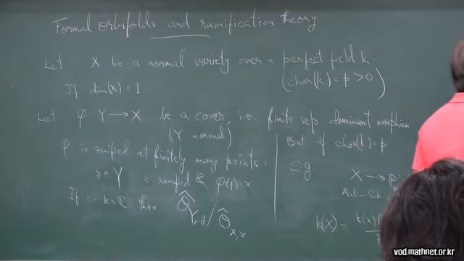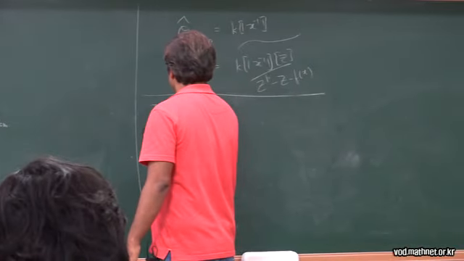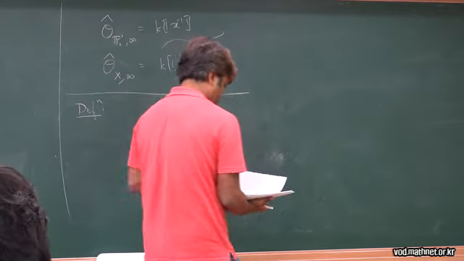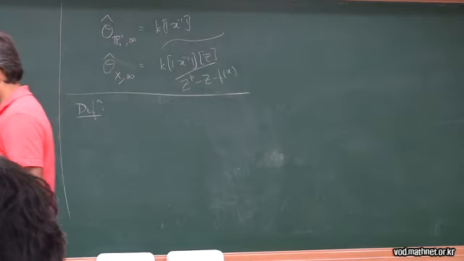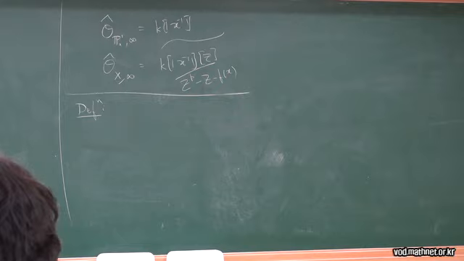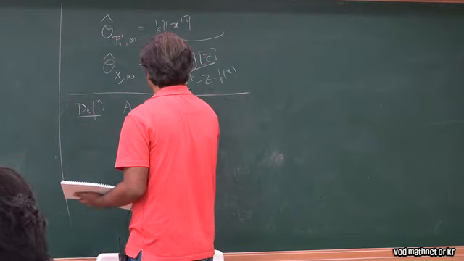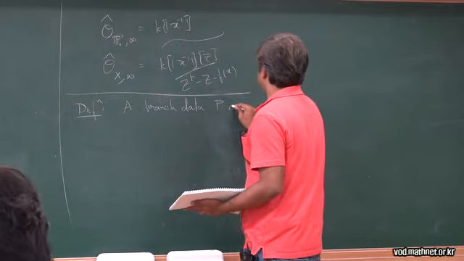Okay, so that is the main motivation to define branch data. So, definition: branch data P on X.